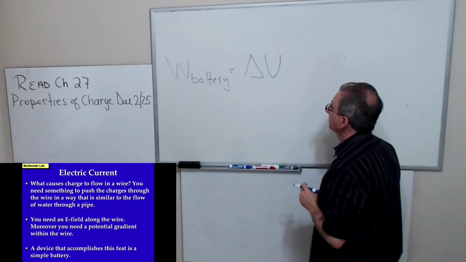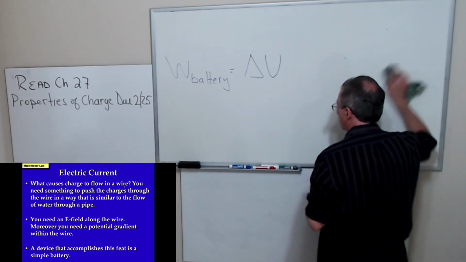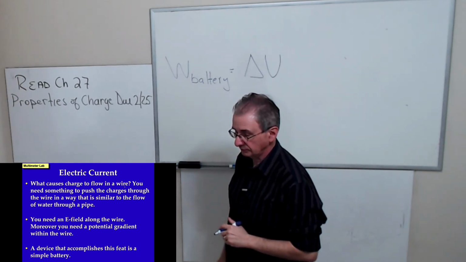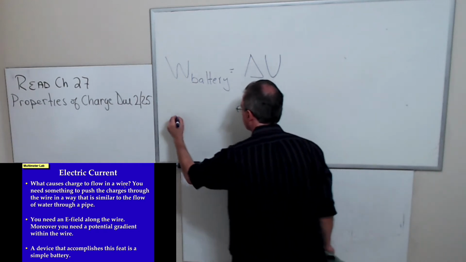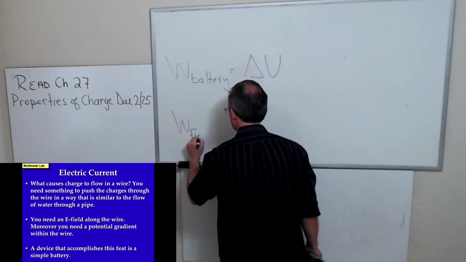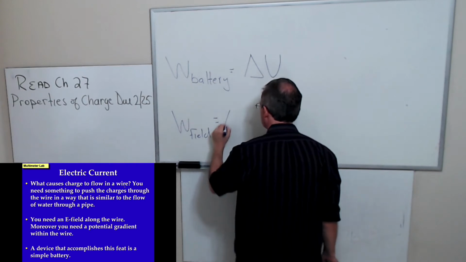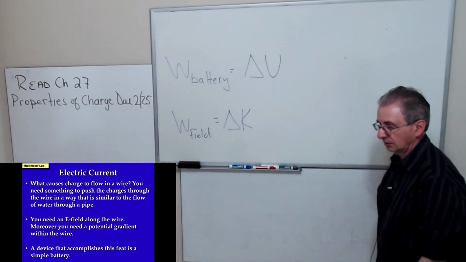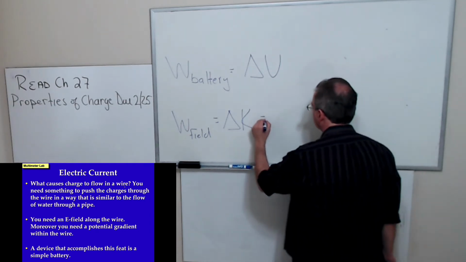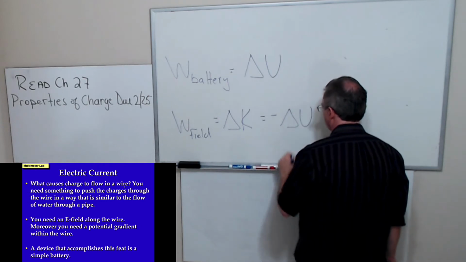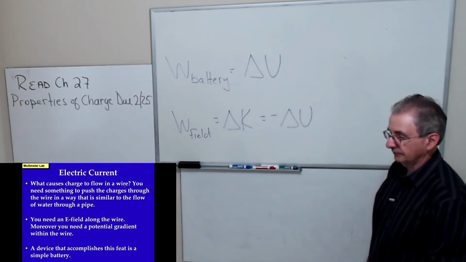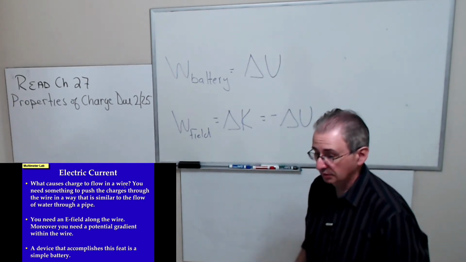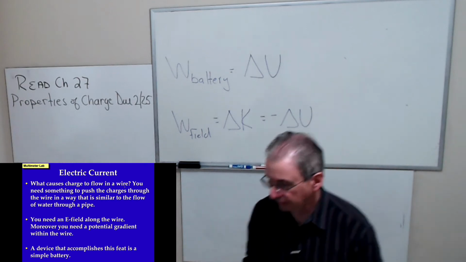And then the work done by the field on the electrons gives it its kinetic energy. The work done by the field is minus delta U. That's what the battery does, or a power supply. That's what they do.